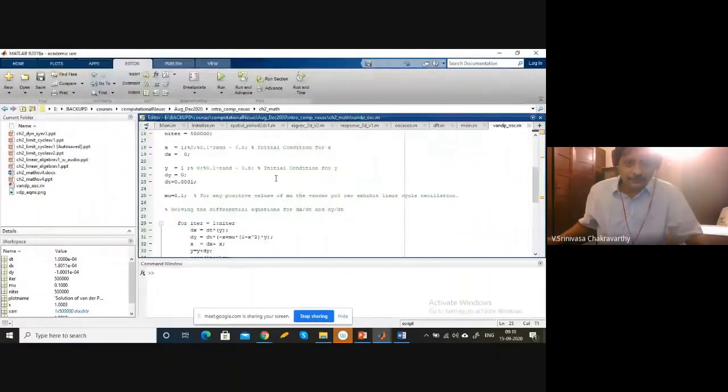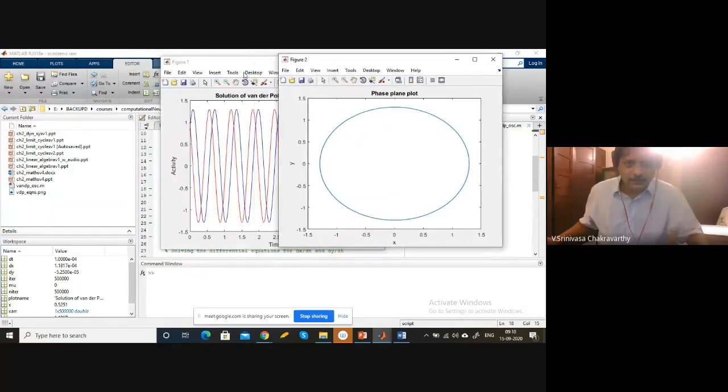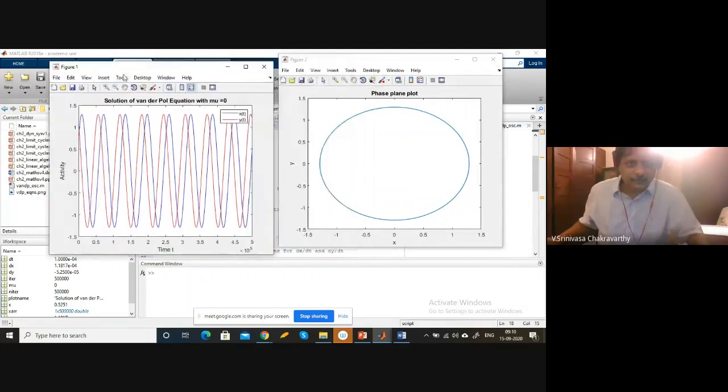In fact, in the previous case, if you just take mu equal to 0 itself and run it, with x equal to rand(1,1), so that you can start from anywhere, it'll always be a circle. See, the amplitude is some 1.3 or something.